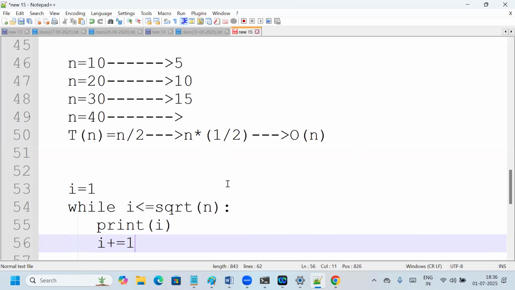Think guys and tell me the answer. Okay guys, what will be the answer here?